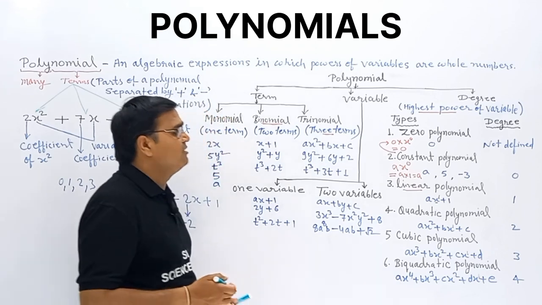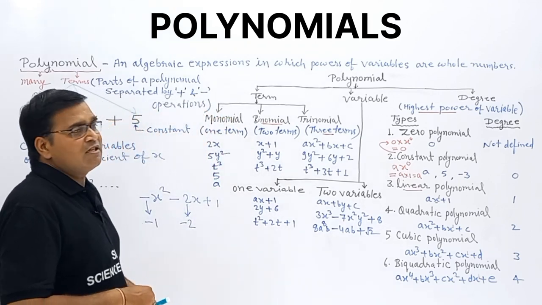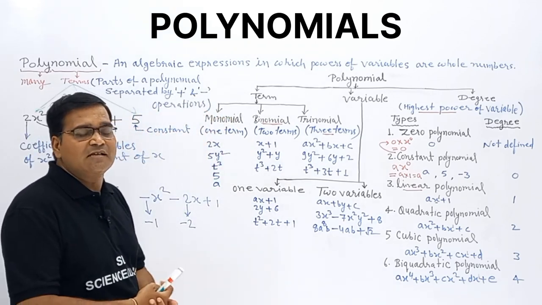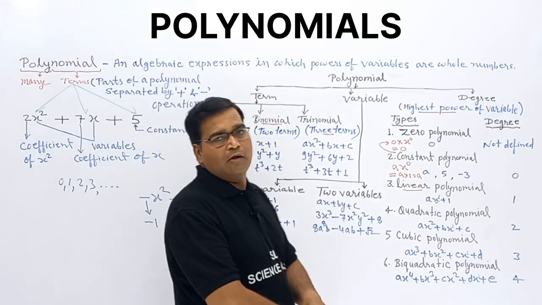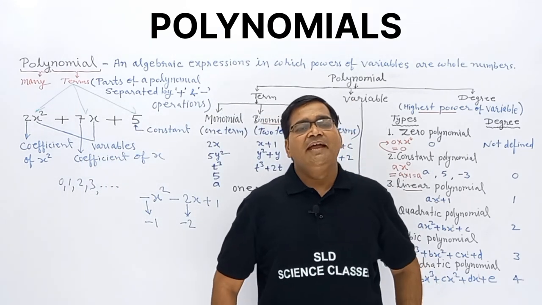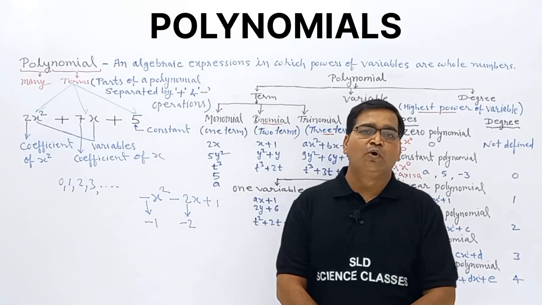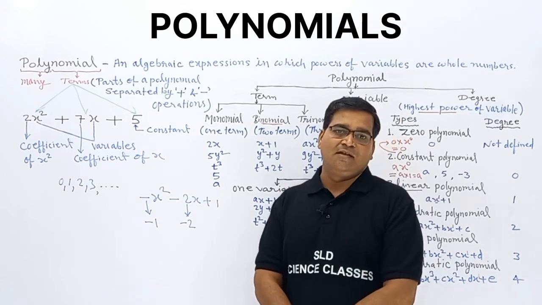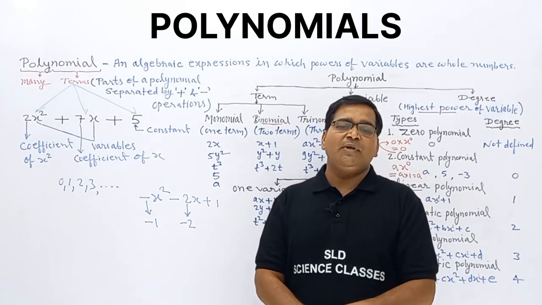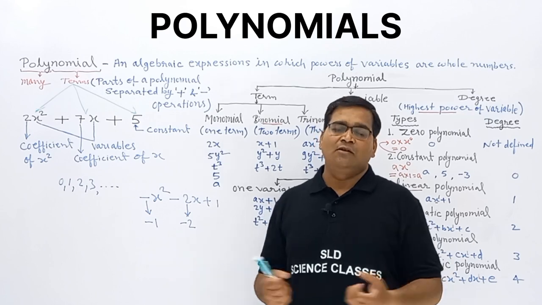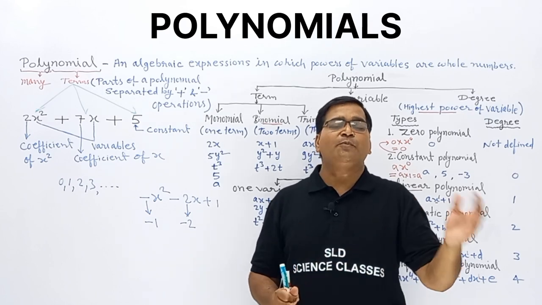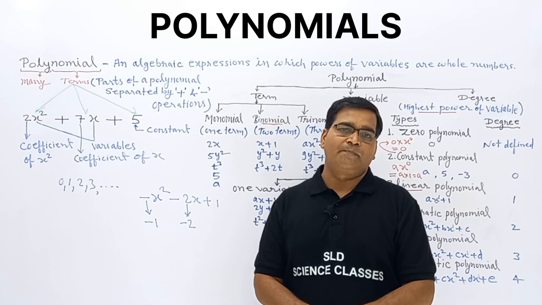So what we discussed in this class is the basics of polynomials, and this is very important for 9th and 10th class. In the 9th class, once we know the basic concept, it is important for 10th class also.